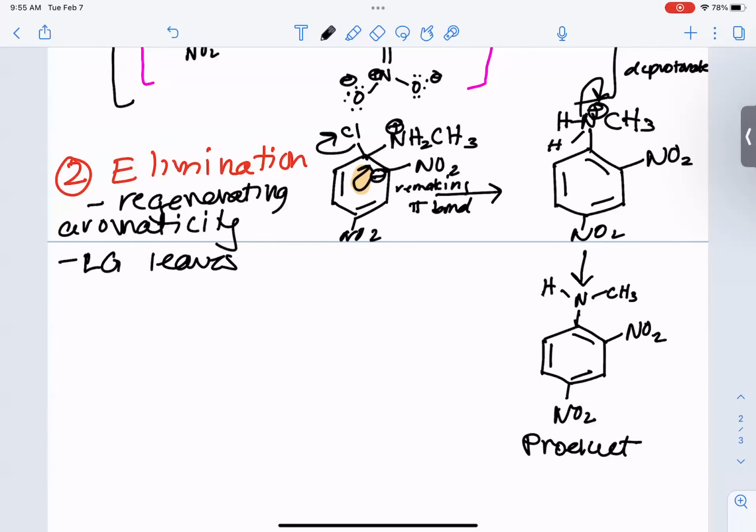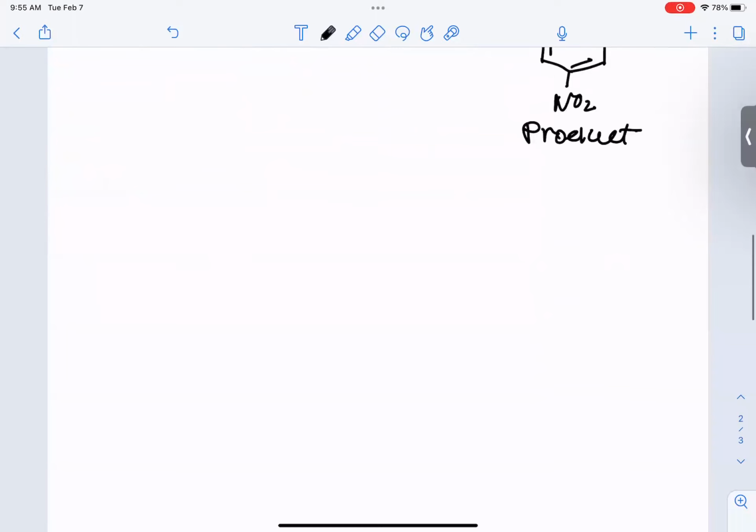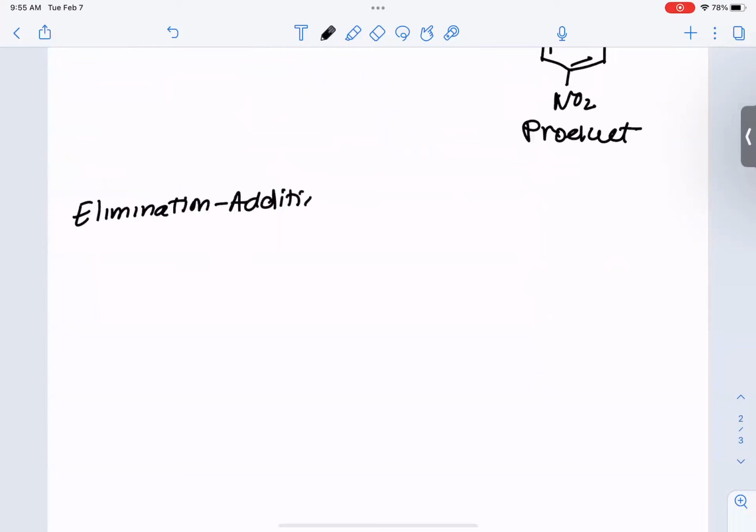All right. The second type, the second way to do this is elimination addition. And you're going to have to be able to distinguish between the two. Right. So here, there are no electron withdrawing groups.